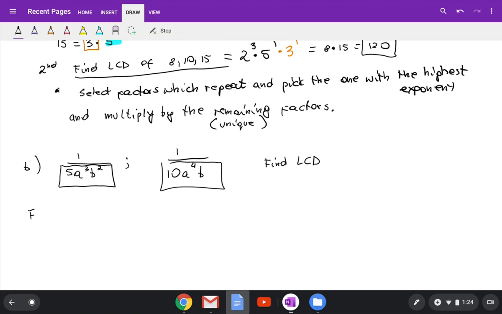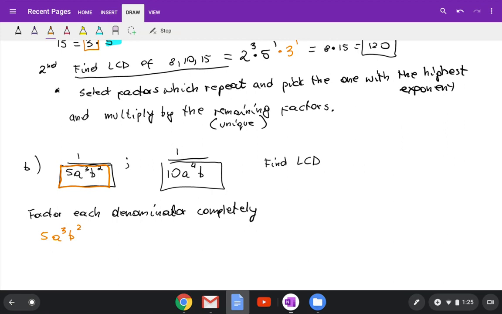So factor each denominator completely. So let's take the first one, 5a to the third power b squared.